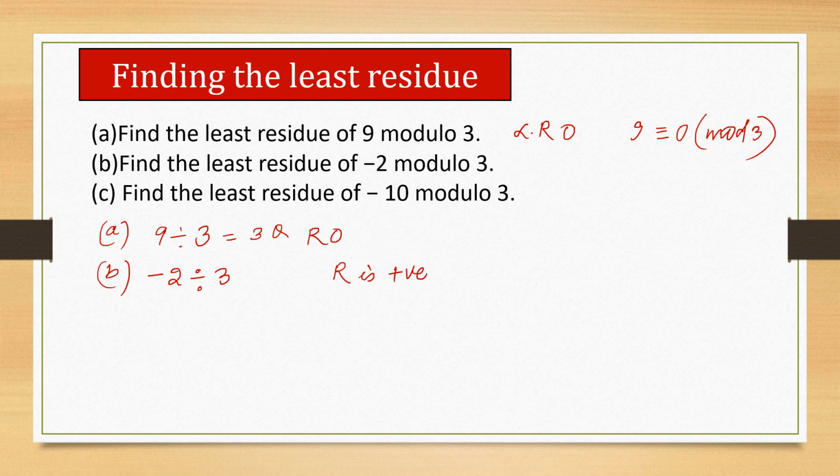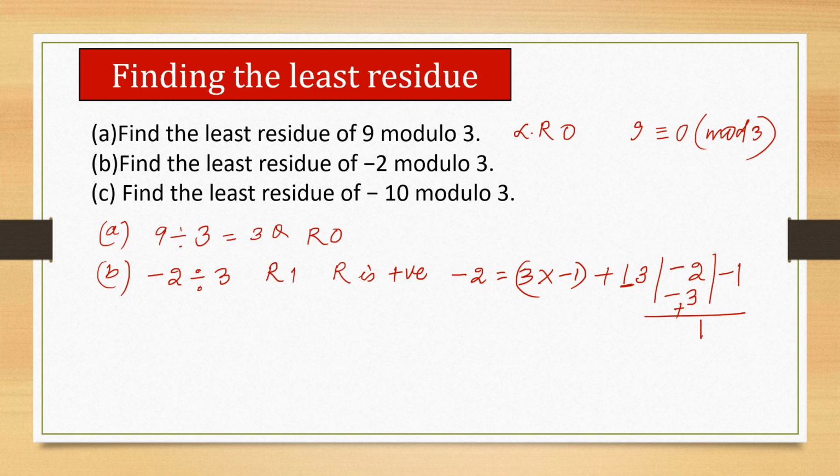So -2 is equal to 3 into -1 plus 1. Let me explain again. -2, if I divide it by 3, I write -1, then it will be -3, and I subtract, and 1 is the remainder. So here the residue will be 1.